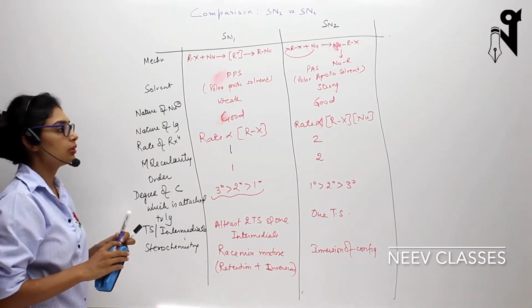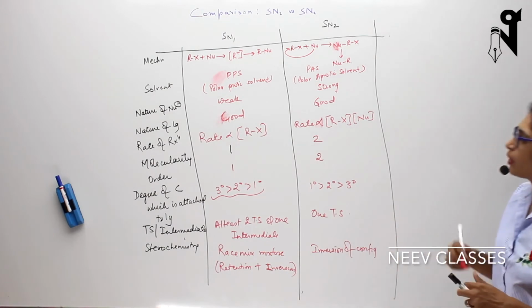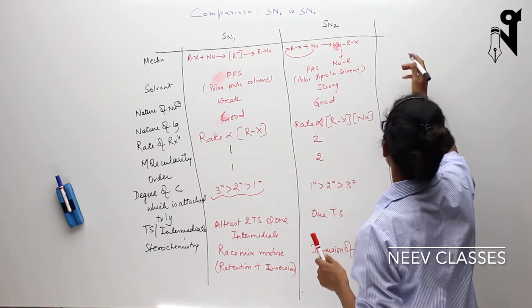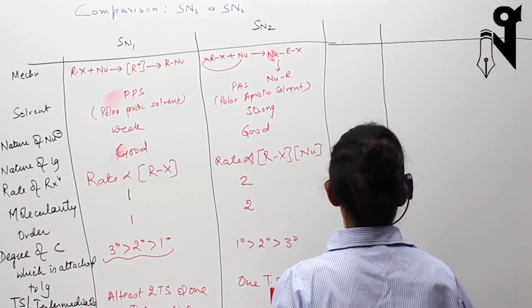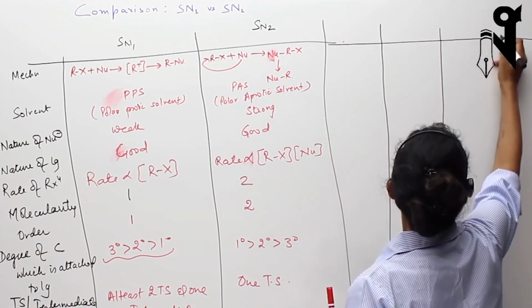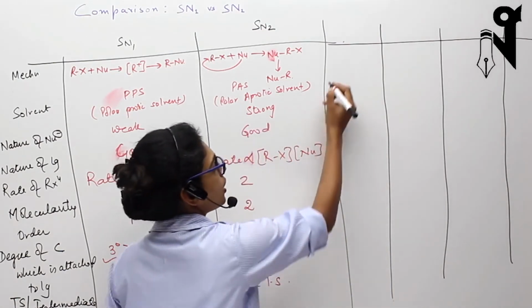Please note this down, and then I'll just write one more factor over here, a factor which can help us in comparing between SN1 and SN2. I hope this is visible. So next is potential energy diagram.